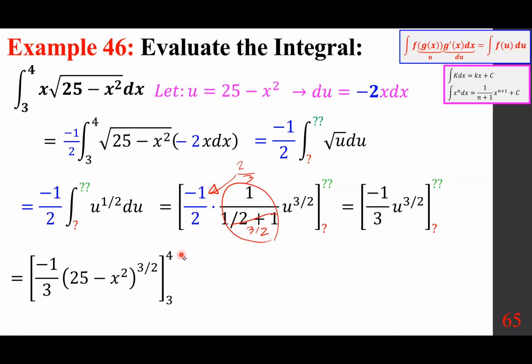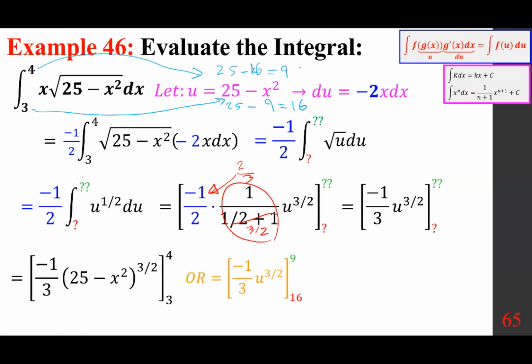However, I want to know what the new limits are, and the way it works, you plug in number 3. You get 25 minus 3 squared, which is 9, and you get 16. You plug in number 4 into u, get 25 minus 4 squared, which is 16, gives you 9. So the lower limit is 16, the upper limit is 9.